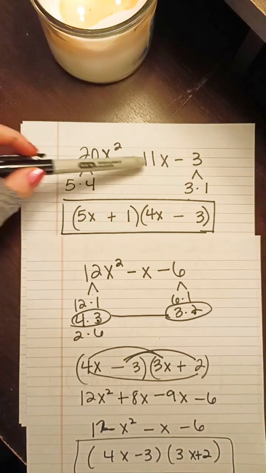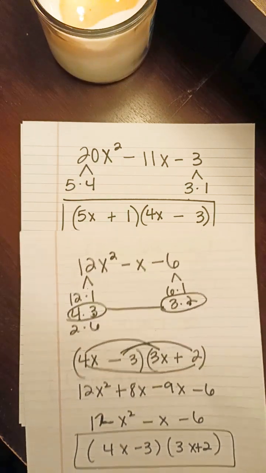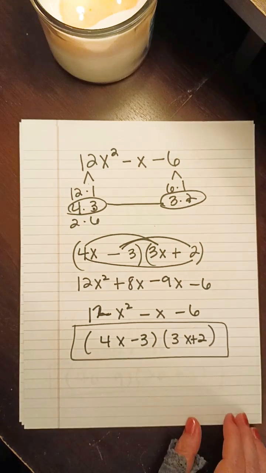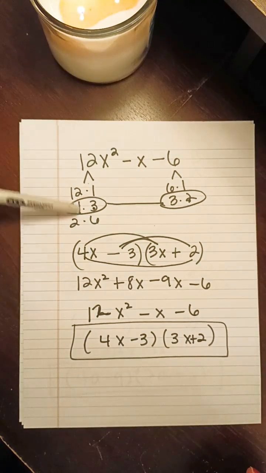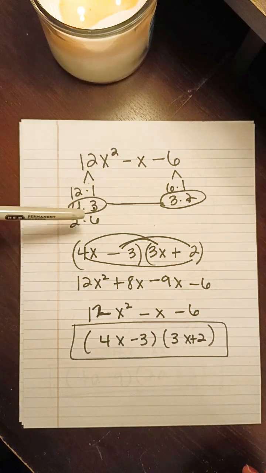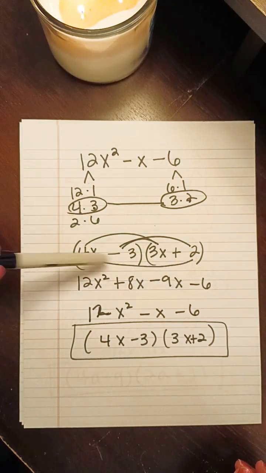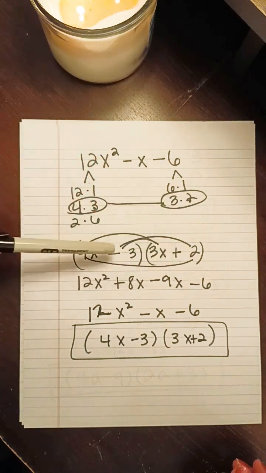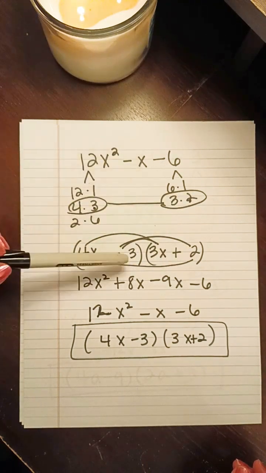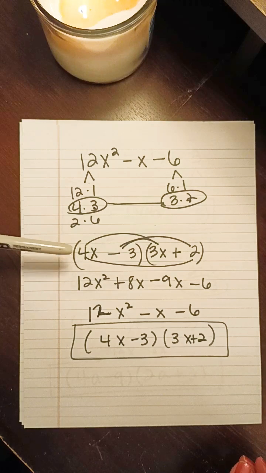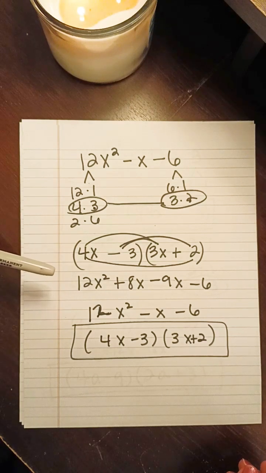You can see what's going to get you that 11 because you've done several of them. So yeah, just find factors of both, choose accordingly to get the B term, place them within your binomials, so you can get that 1, and then place your signs and FOIL to check.